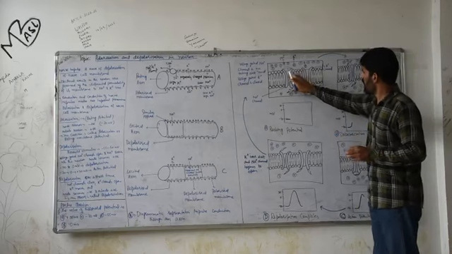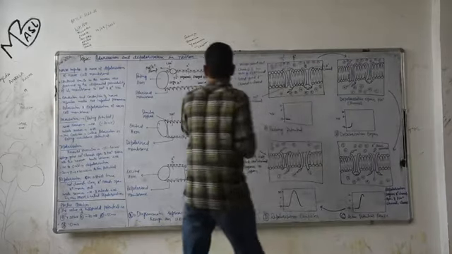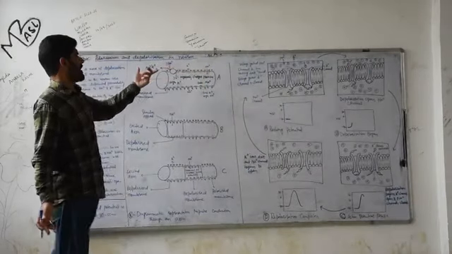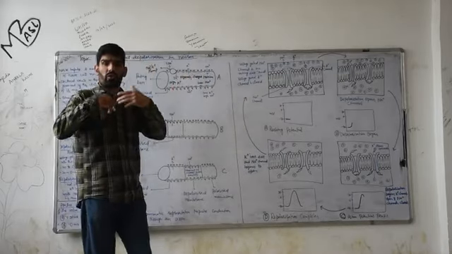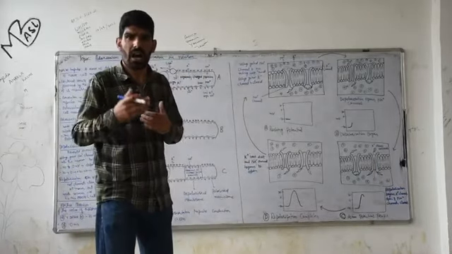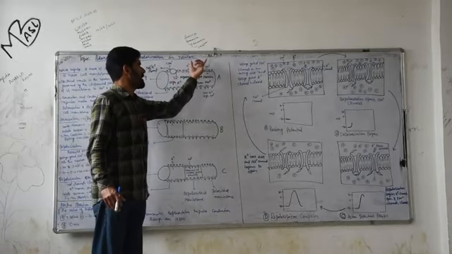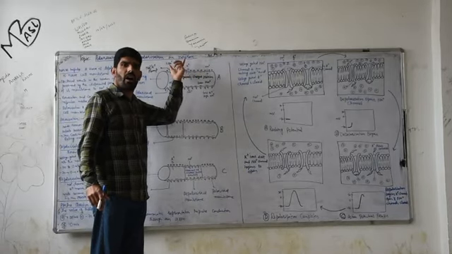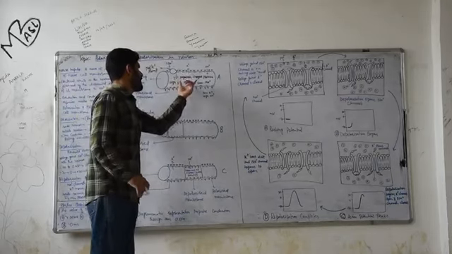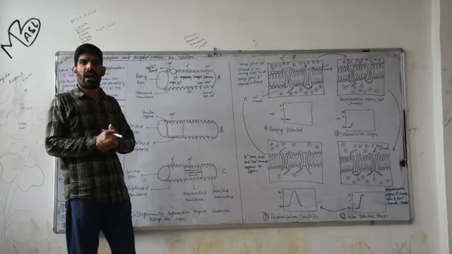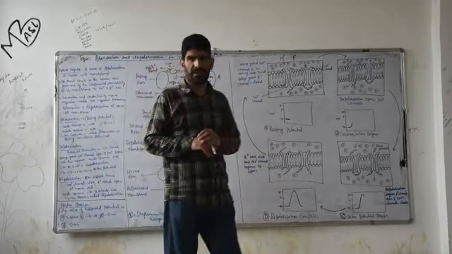You see here are the channels. During the resting state, what happens? Sodium ions are in high concentration outside and potassium is in low concentration. But inside, potassium is in high concentration and sodium is in low concentration.